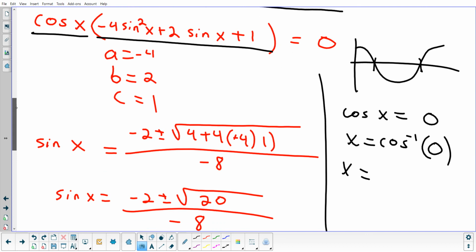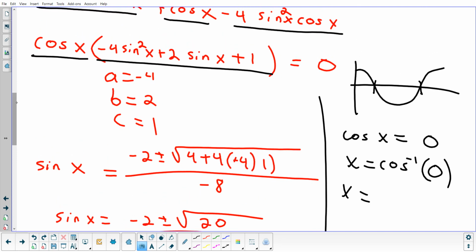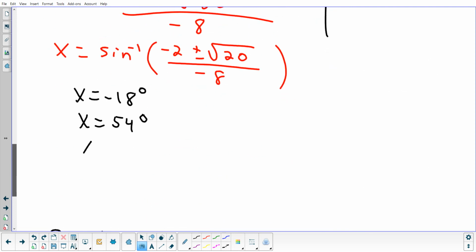We want degrees. What's the first quarter of the cycle? 90. And the 3/4 mark? 270.